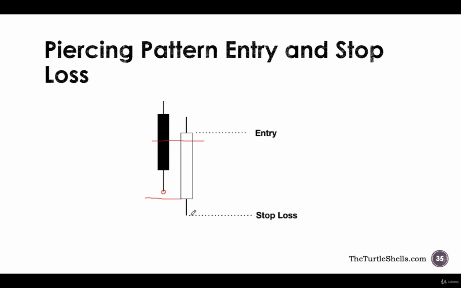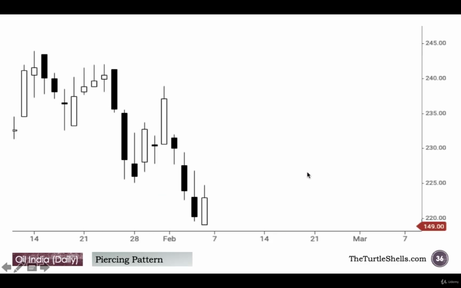We know that the low of the piercing pattern becomes support, so we keep our stop loss just under the low of the entire pattern. And remember, we are talking about the lowest low of these two candles. That is what becomes our stop loss. So if this shadow were like this, then that would become our stop loss. Okay, and this is our entry point. The close of the white candle becomes our entry point.